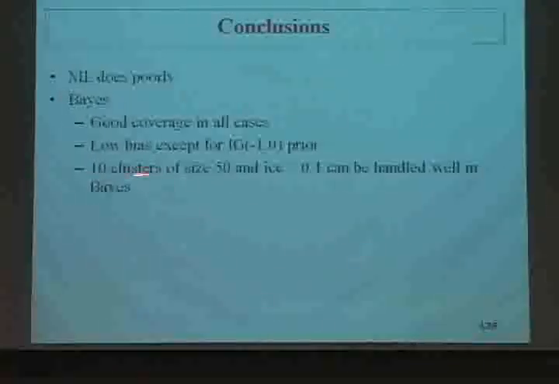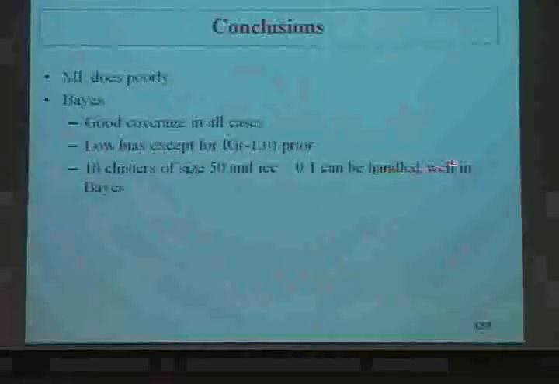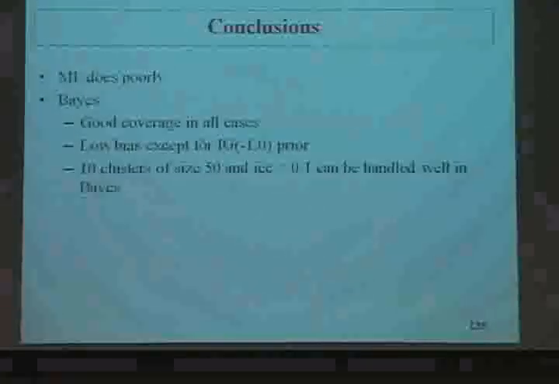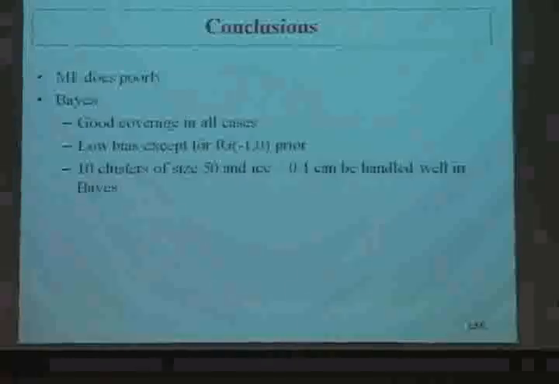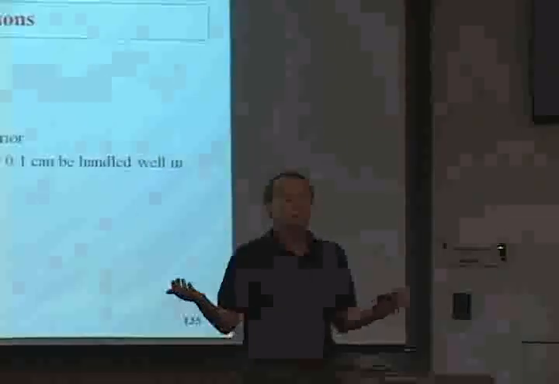Conclusions from this simulation: ML does poorly, Bayes, good coverage in all cases, low bias except for that prior. So that particular situation can be handled well in Bayes, which should open up a lot of doors. I often see studies where you have a small number of clusters and you worry about ML, because the rule is that you should have what?